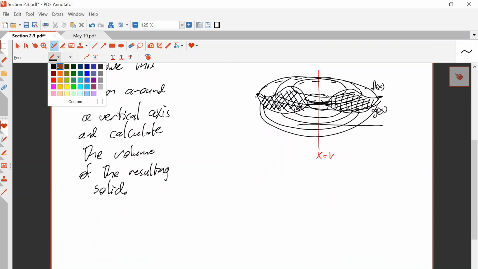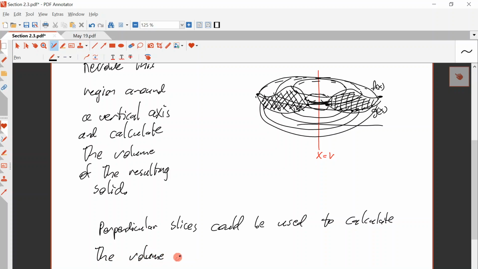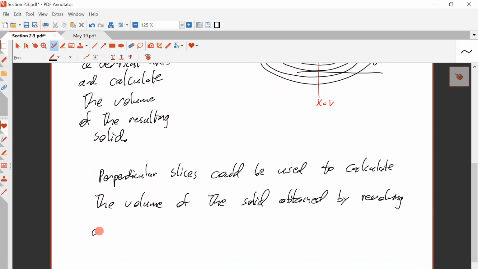I mean, it might work; perpendicular slicing could be used to calculate the volume of the solid obtained by revolving around a horizontal axis.